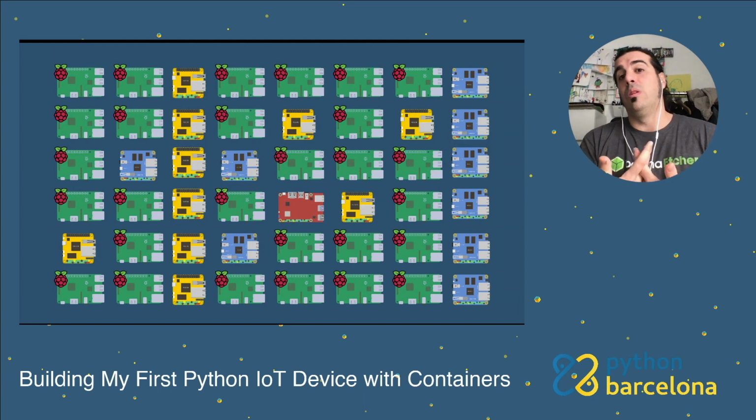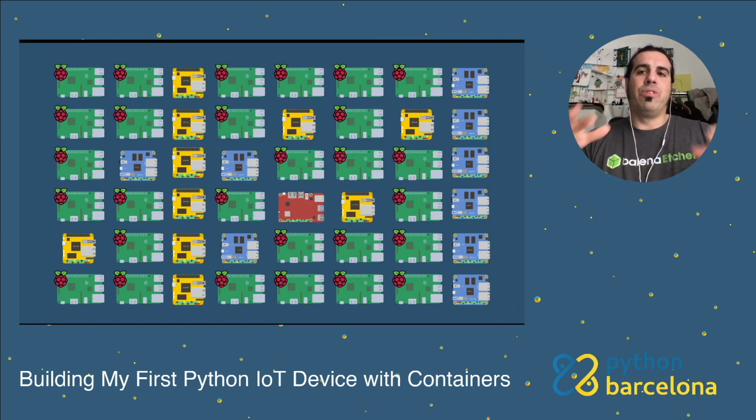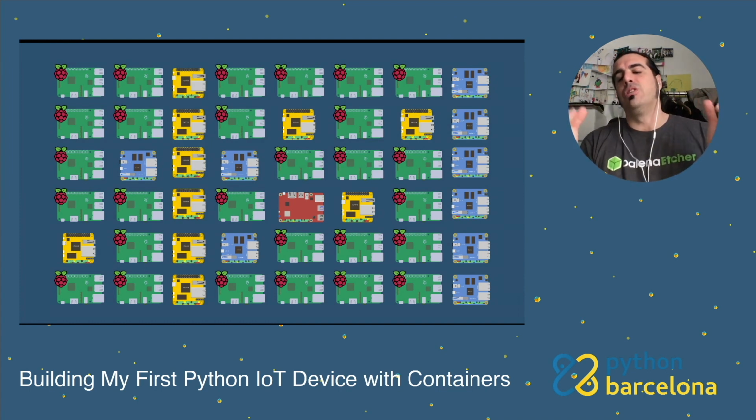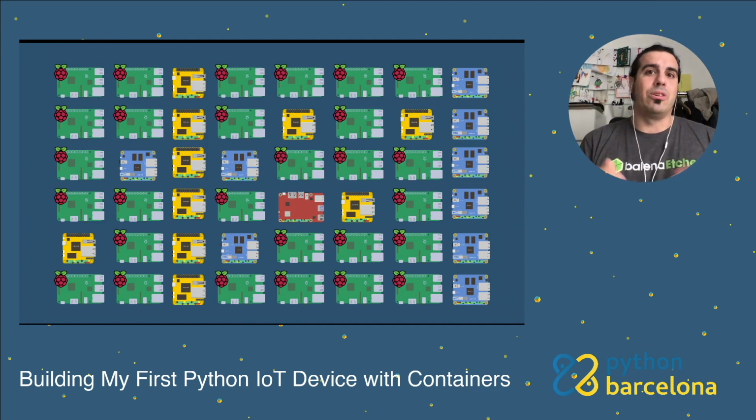Balena helps you with this massive deployment of devices, and the same Python code that we are going to use can run on different devices that share the same architecture, or device type as we call it, but belong to your application that runs Python code in this case.